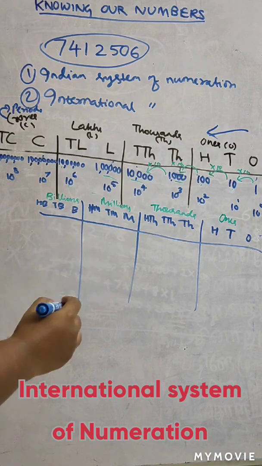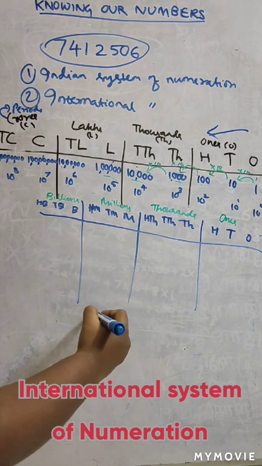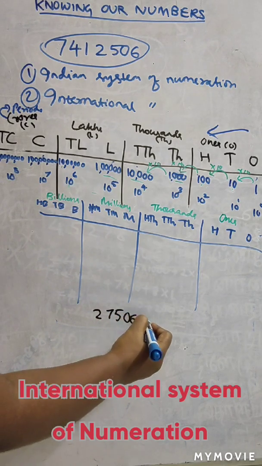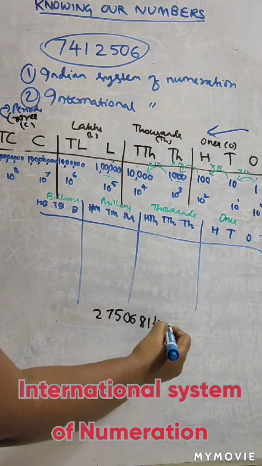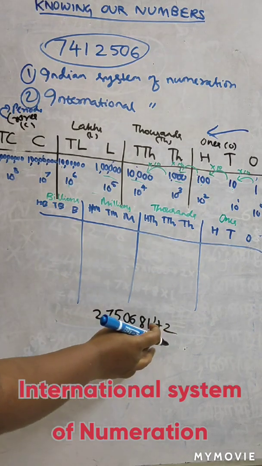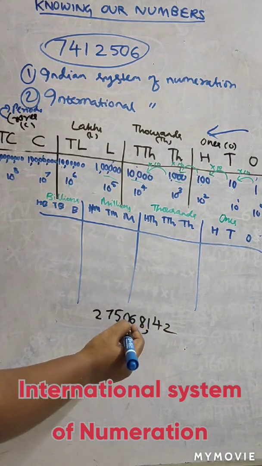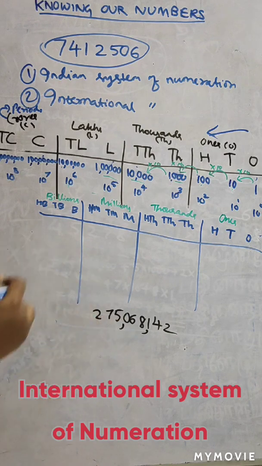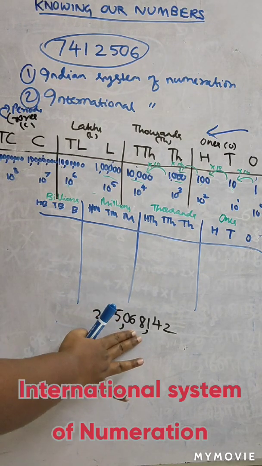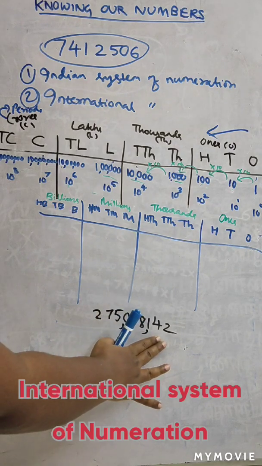We'll try to understand the international system of numeration with the help of an example. So let me take a number 275068142. As per the international system of numeration, I will take the periods in terms of 3, 3, 3. So 142 I'll take and put a comma, then the next 3 digits and put a comma. This is already 3 digits. So the first one is the millions period, the second one is the thousands period, and finally the ones period.